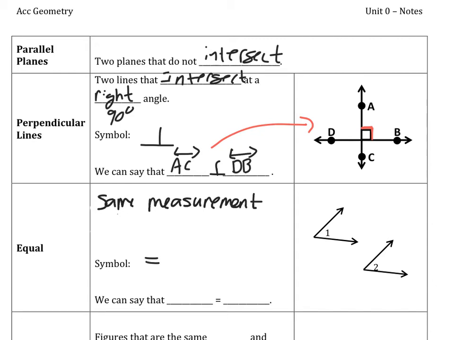So our symbol for equal is the same. But remember, we're talking about measurements. We're not just talking about these angles. So we use a little m to denote measurement. So the measurement of angle, we use a tiny little angle symbol to mean angle. Measurement of angle 1 is equal to the measurement of angle 2. So that's how we're going to be writing it.